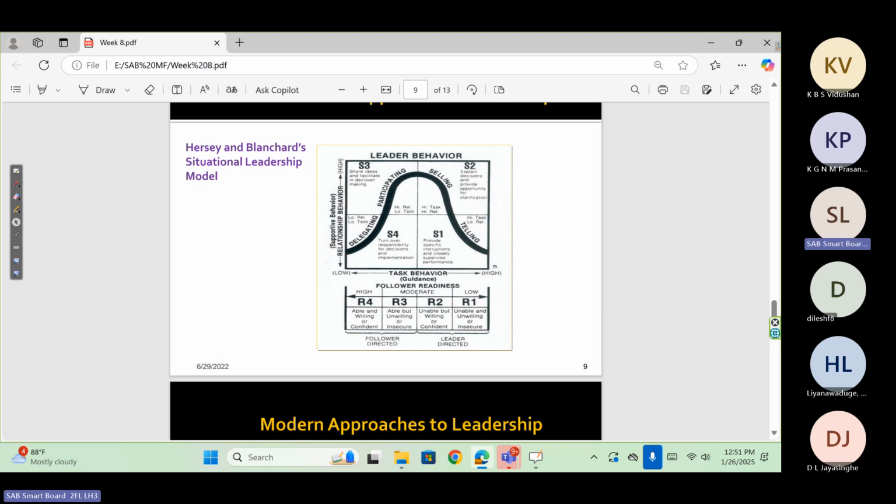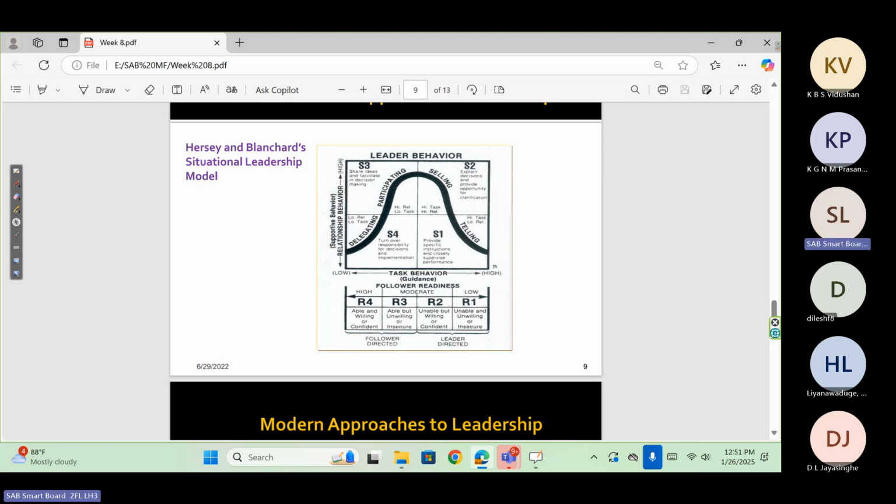Right. What is the name of S1, style 1? Telling. Where did I use the word telling? In the Iowa 3 leadership styles. Telling was used for the first one, autocratic leadership. Right.